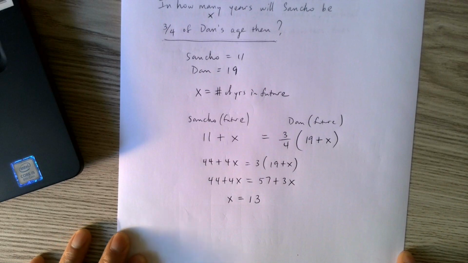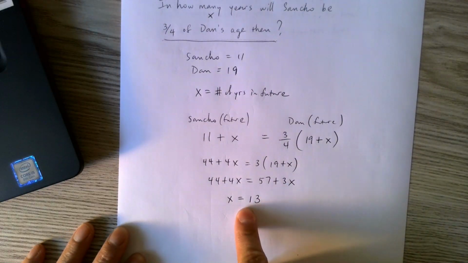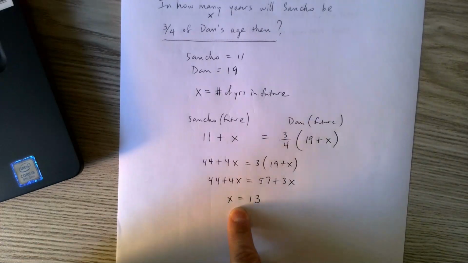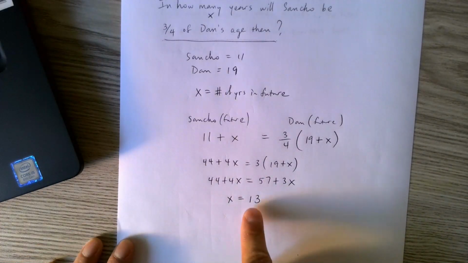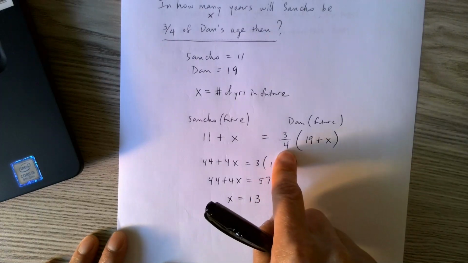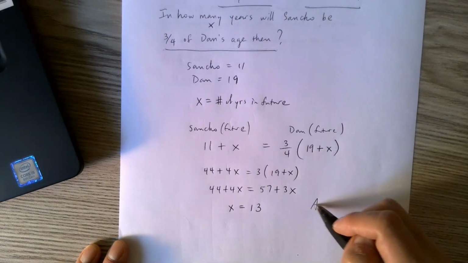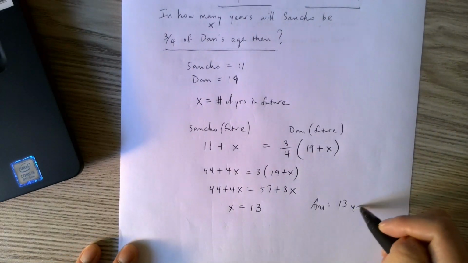Okay, this tells me that 13 years in the future, remember what X stands for, it's the number of years in the future. 13 years in the future, Sancho will be 3/4 of Dan's age. So official answer, 13 years.